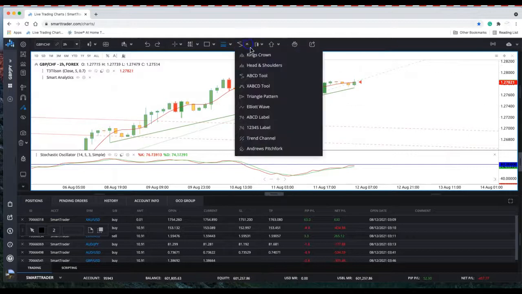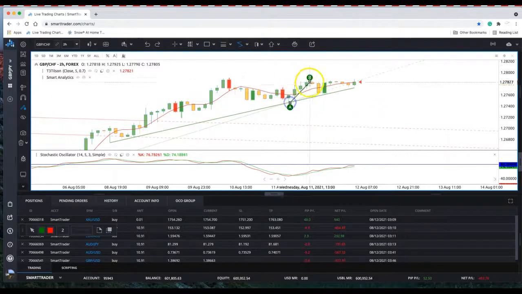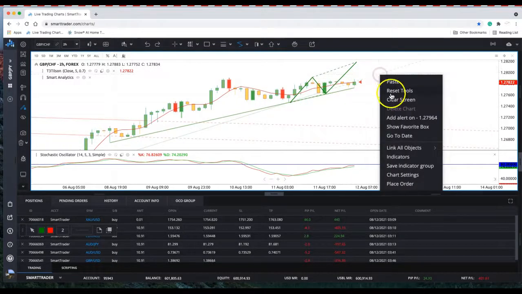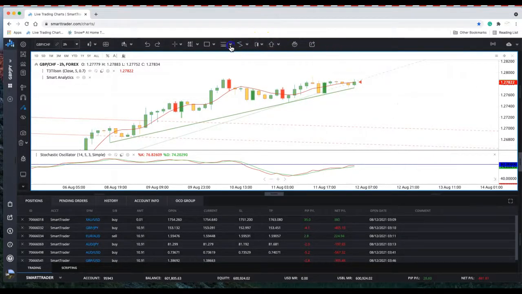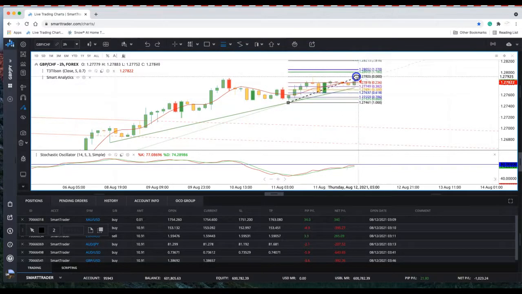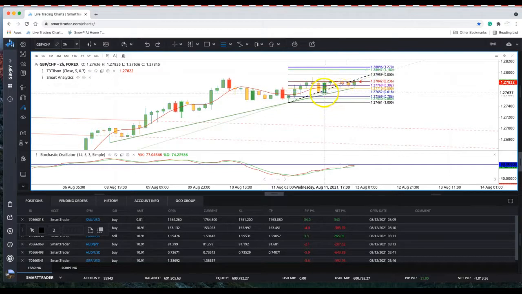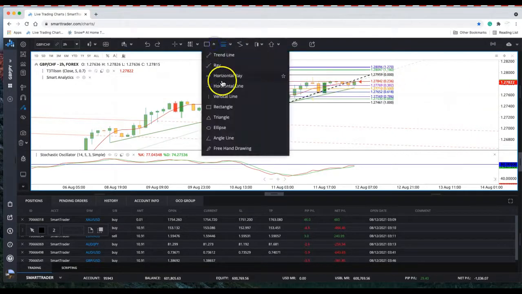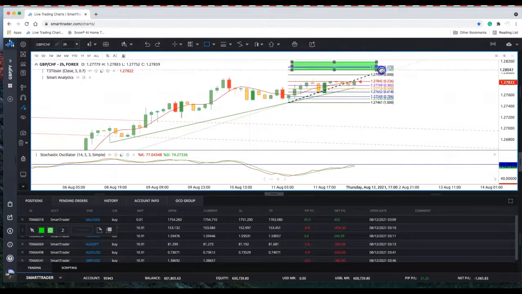Well, let me just first show you, we have an A, we have a B, and then we have a C, and then D is up there. So take my Fibonacci tool and draw it from swing low to the swing high. There's my pullback. That's my entry. My stop loss is below here, and my target is all the way up here at the extensions.